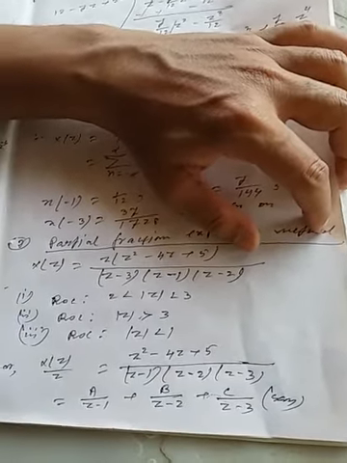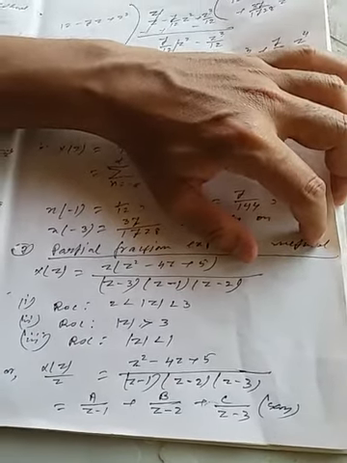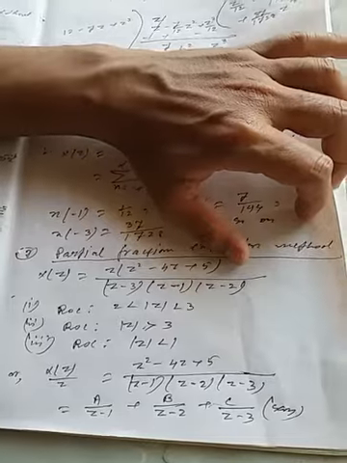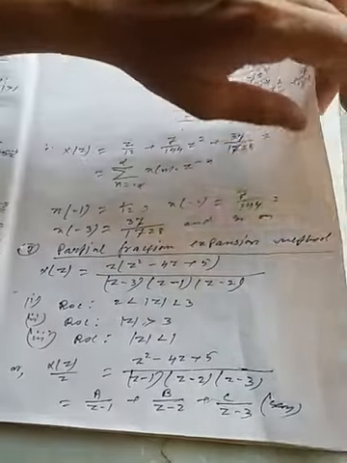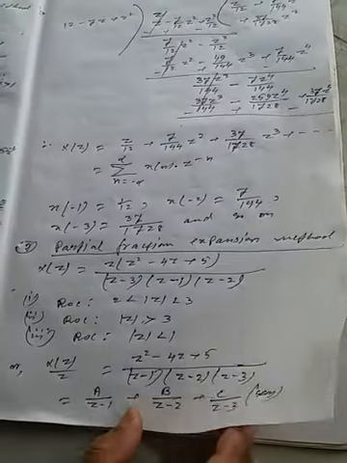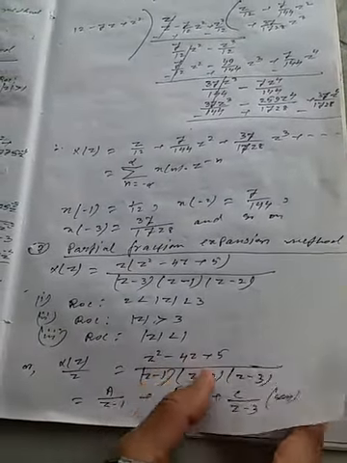You have to find out the values of those constants, right? So what is the shortcut method to evaluate the values of A, B and C? A can be found from this quantity.